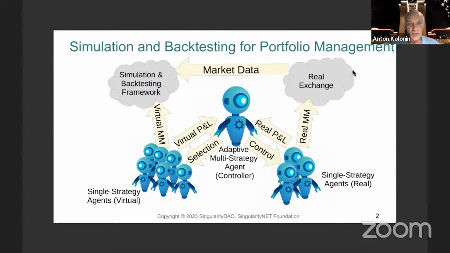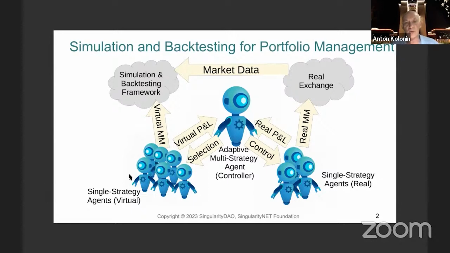On the left, you see the swarm of subpersonalities or dependent agent which operate in the virtual market environment, which we simulate with the stream of market data, and they trade in this virtual environment, and then the controller agent selects the best strategies, and these best strategies are implemented in the swarm of smaller number of single strategy agents, and these single strategy agents are executing these winning strategies against the real marketplace.